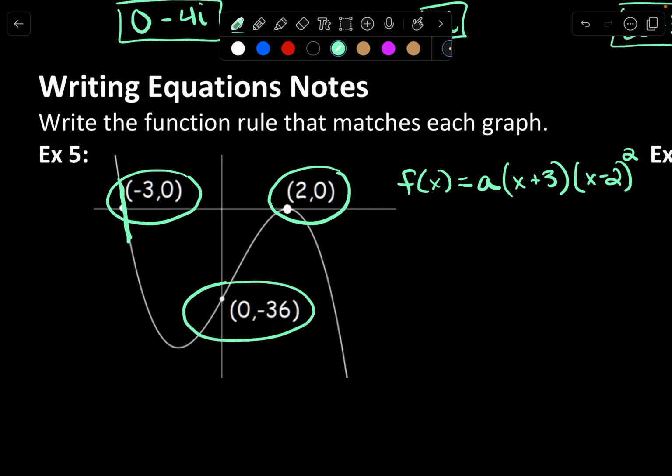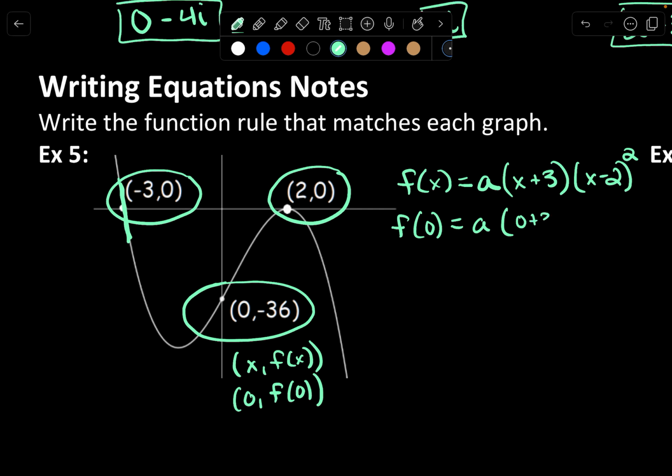Now we can use the y-intercept, substitute these values in order to isolate a and solve for that coefficient, because technically we have x and f of x, or you can also write this as 0, f of 0. So f of 0 is going to be equal to -36 when we plug in 0 for x. I'll rewrite this so we can see the direct substitution. f of 0 is equal to a times 0 plus 3 times 0 minus 2 squared.